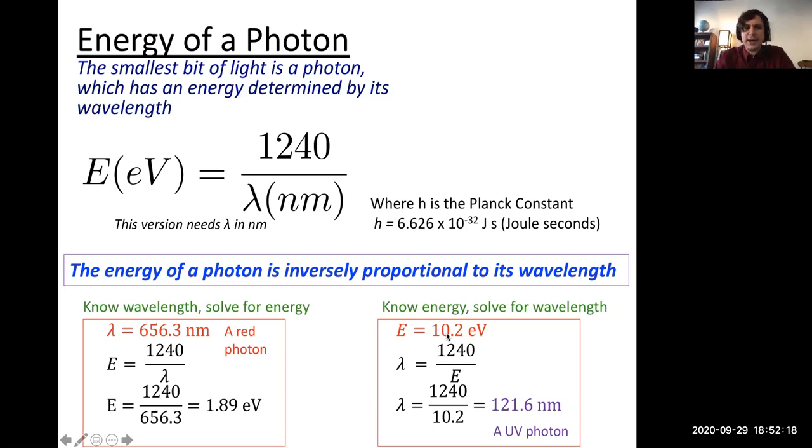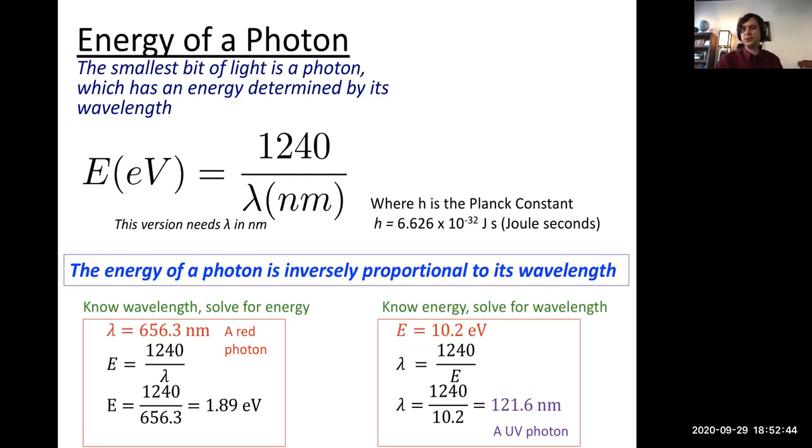But I can go ahead and rearrange the equation. Lambda equals 1240 divided by the energy, plug in the energy, put that into my calculator. So a photon that has an energy of 10.2 electron volts has a wavelength of 121.6 nanometers. That's in the ultraviolet part of the electromagnetic spectrum. So that's an ultraviolet photon.